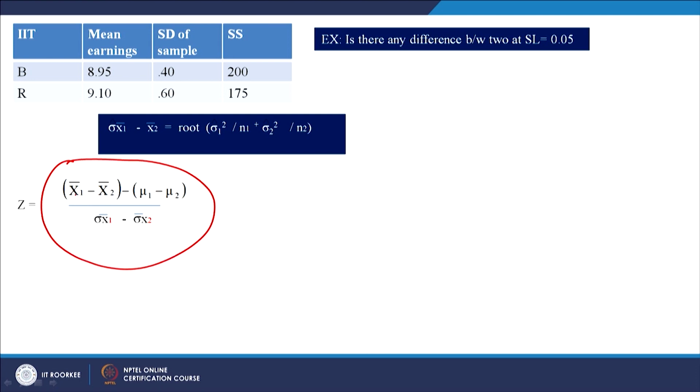This is the difference between the two sample means, and we are saying mu 1 minus mu 2 equal to 0, so this term is 0, divided by the standard error of the difference of means, right. This is the square root of sigma 1 square divided by n 1, the first sample size, plus sigma 2 square divided by the sample size of the second sample, right.